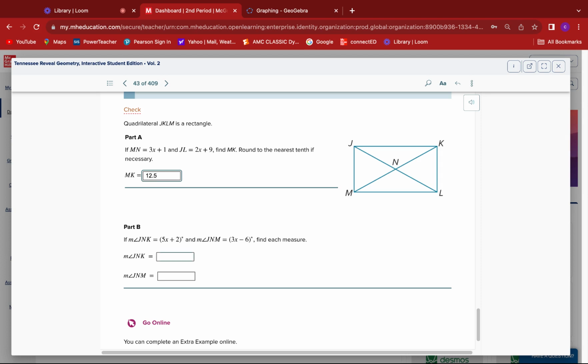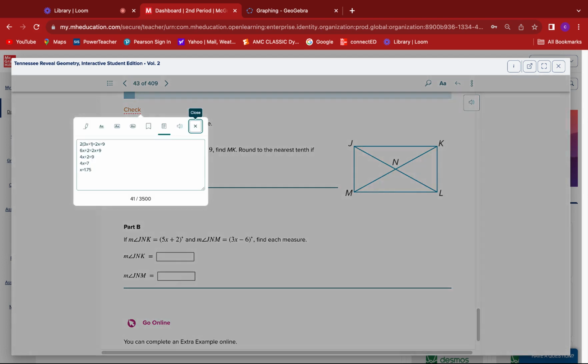These add up to be 180 degrees. All right, so let me pull up my teacher notes and get rid of this. All right, so I'm going to add them together. 5x plus 2 plus 3x minus 6 equals 180. All right, like terms, 5x plus 3x is 8x. And 2 minus 6 is a negative 4.